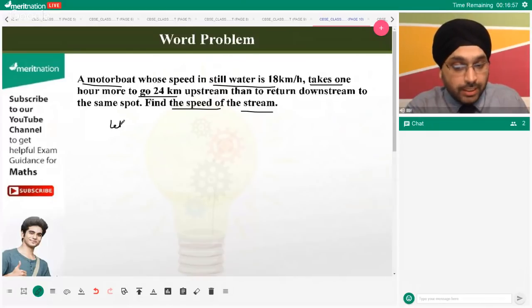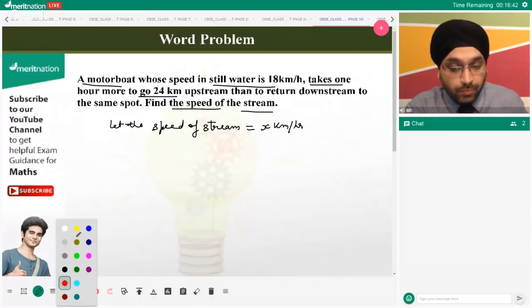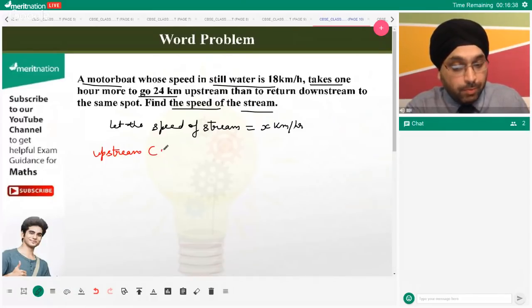So guys, let the speed of the stream be x kilometer per hour. We can assume it. Now guys, if we are moving upstream, that means we are moving against the stream.